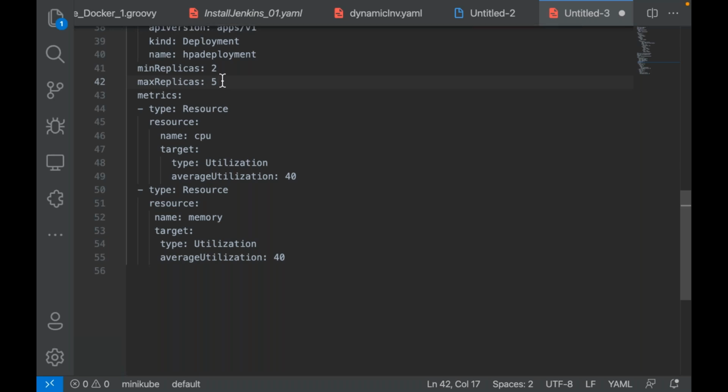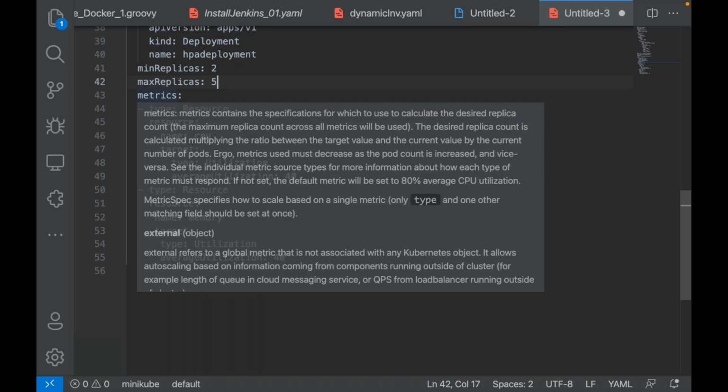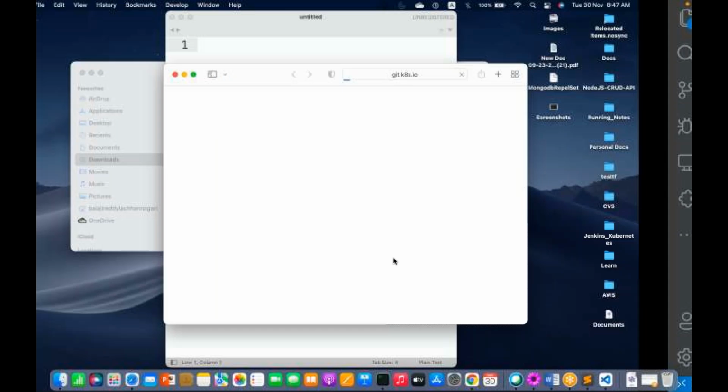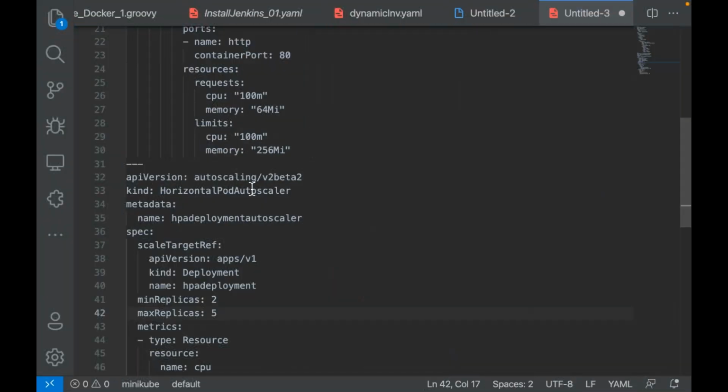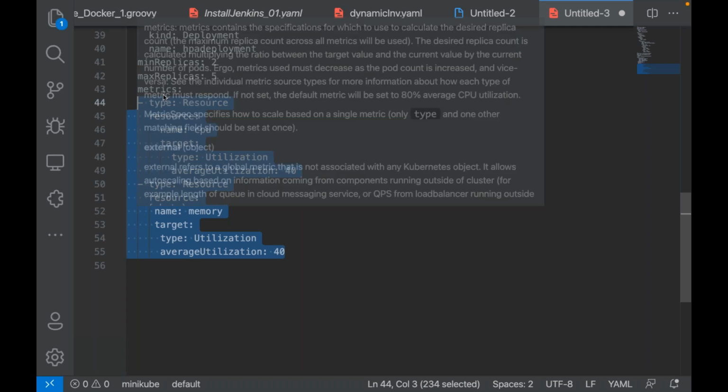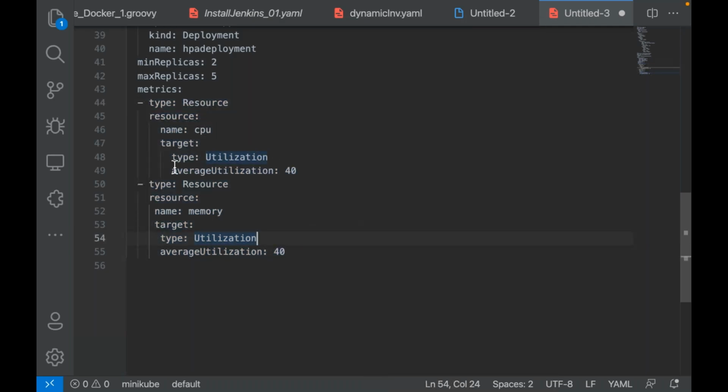Now, when will it scale? How will it scale? Where has that information been defined for this HPA? If you see, did I define it under this metrics section? Under this metrics section, I set the threshold.